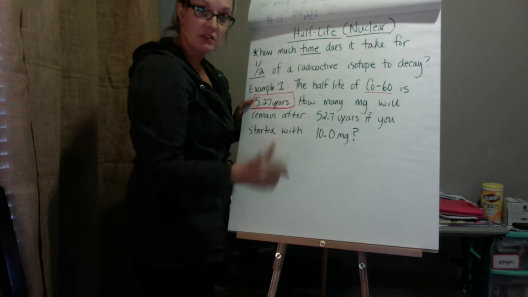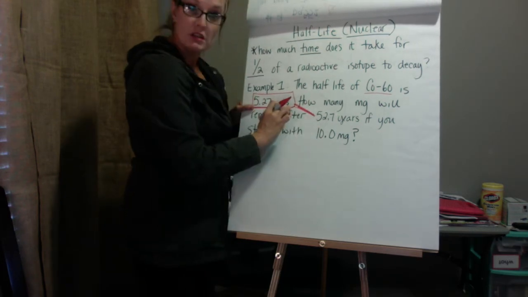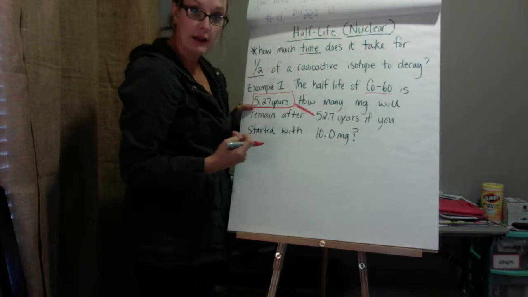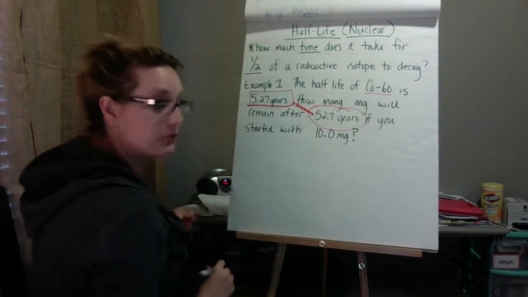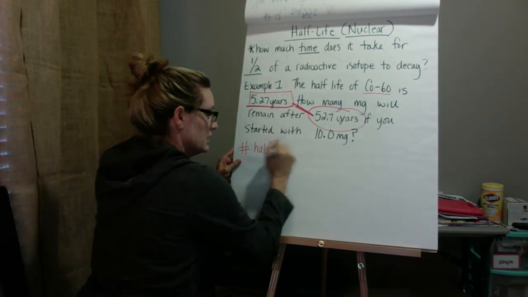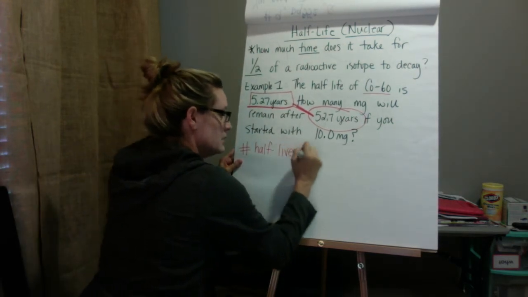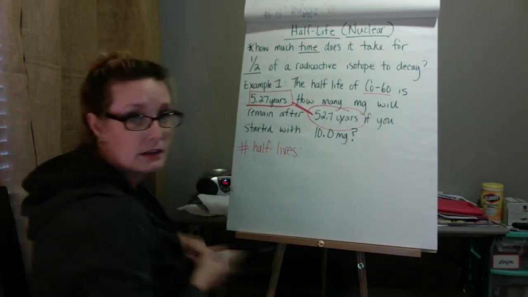Well, the first thing you have to do is kind of some math right here. It takes 5.27 years for half of it to go away, but this is how much time has passed. So the first thing you have to figure out is what's called the number of half-lives. You figure that out by dividing, right?